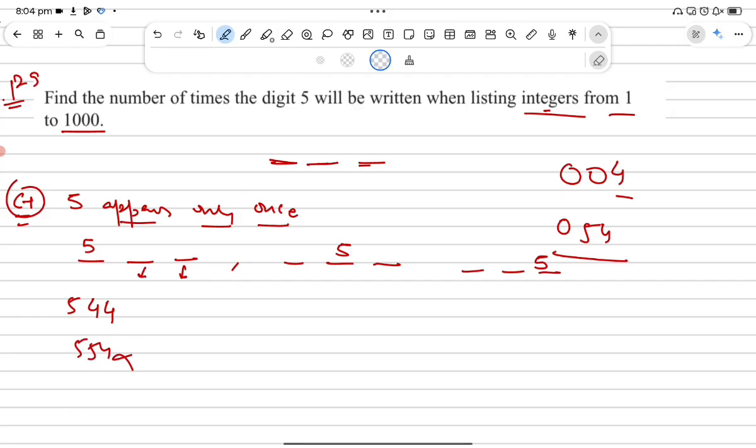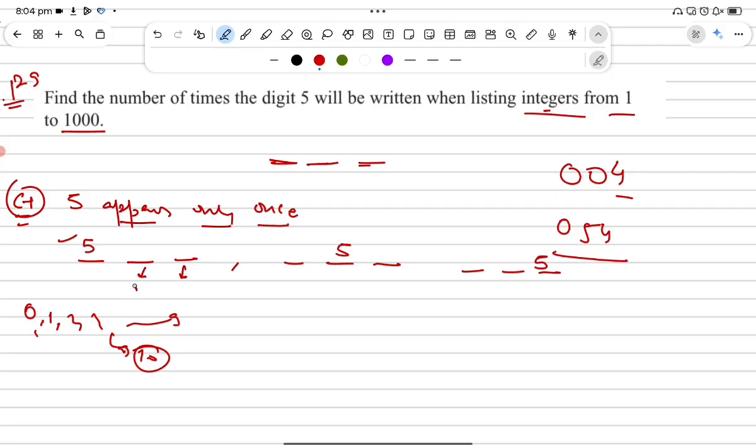Alright. So the choices that we have to make it from are 0, 1, 2, 3 up to 9. There are 10 choices to make from. We have already chosen 5, so we have 9 choices left. For this as well, 9 choices. So 81 here. Same for this, 9, 9, 81.